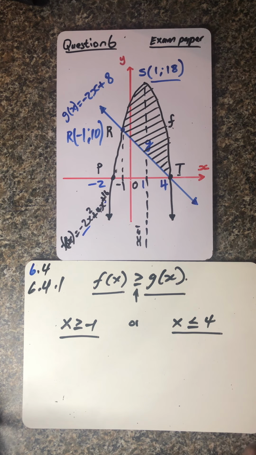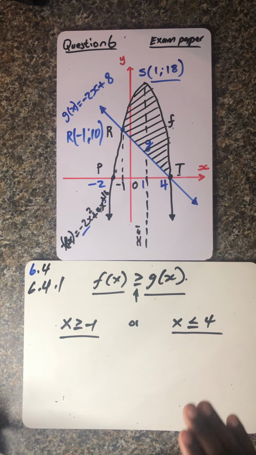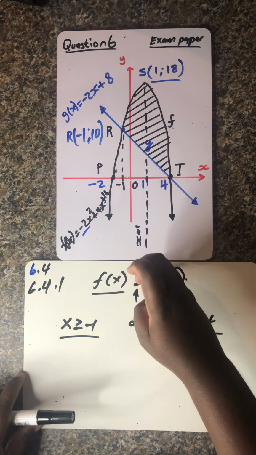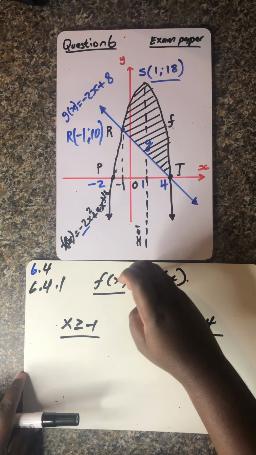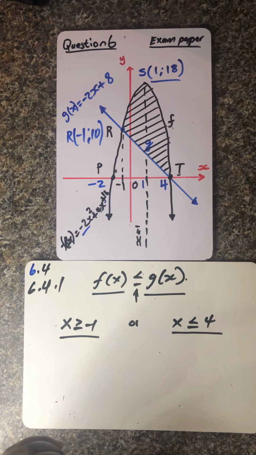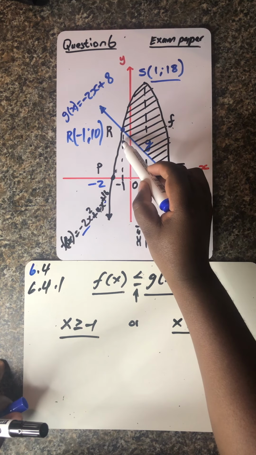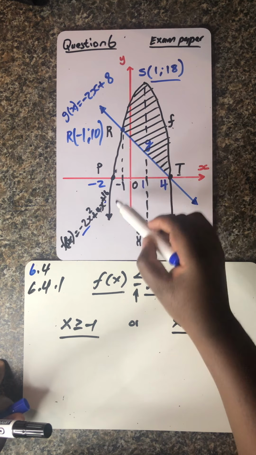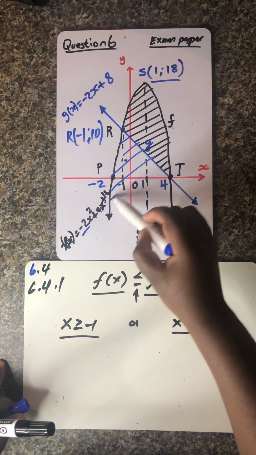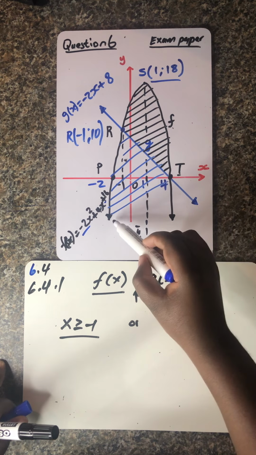I'm not sure if it makes sense, guys. That's why I'm saying I will need to do a special lesson where I explain to you, okay? Otherwise, if they said where that graph is less or equals to, someone can notice that maybe that portion over there could be a possible answer.